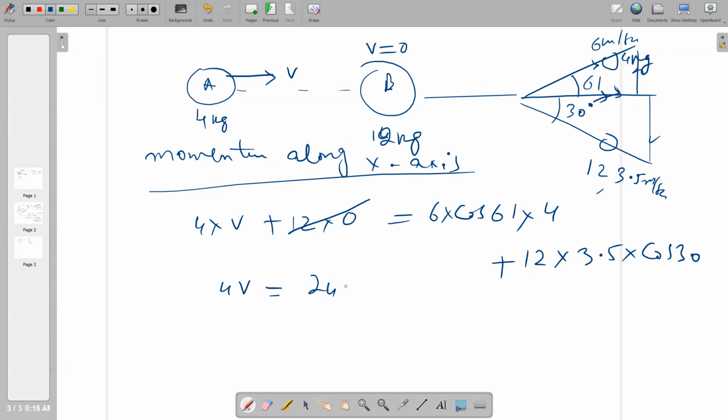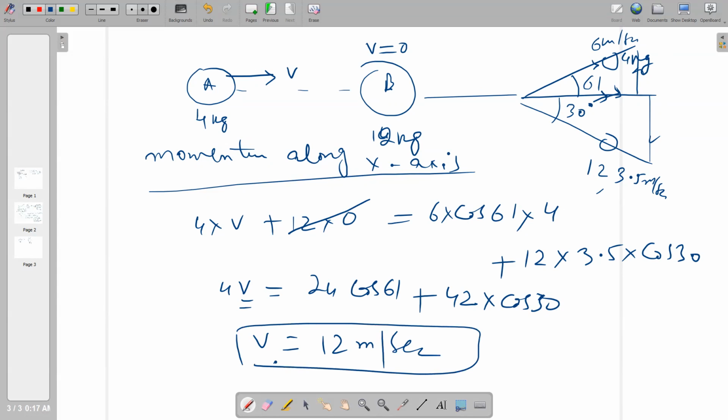So this is 24 cos of 61 plus 42 into cos of 30. So you can solve this one for v value. So if you solve this one, the answer will be 12 meter per second. So in this way, you can find the value of v.